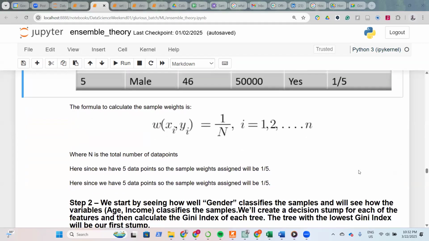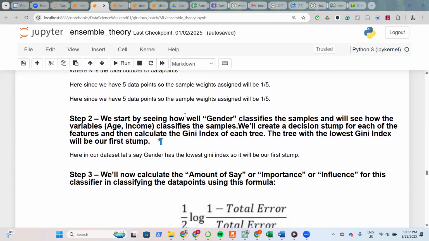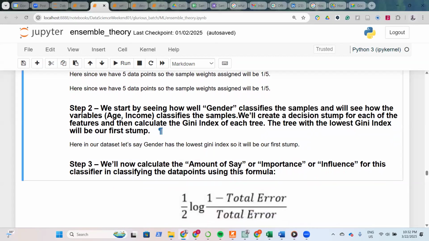Next step. I just explained that since we have 5 data points, the sample weight assigned will be 1 over 5. Again, I'm just reiterating. Now, step 2: we start by seeing how well gender classifies the samples, and we will see how the variables age and income classify the samples.